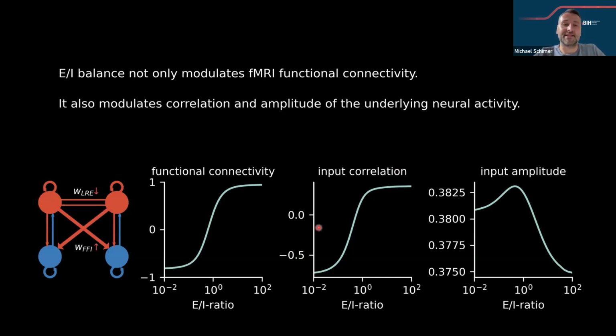And what we see here is that as we tune functional connectivity from low to high, when we tune the EI ratio from low to high, the input correlation of synaptic activity also has basically the same shape as our functional connectivity. This can really be expected. This is nothing super surprising, right? If fMRI measures strong correlation, then we can also expect similar forms of correlation in the electrical activity and in the synaptic activity, and this was shown here.